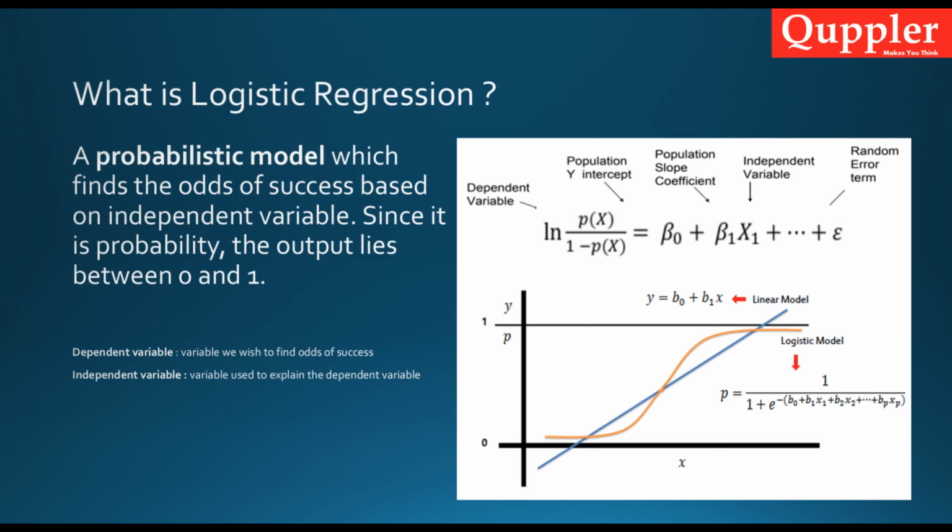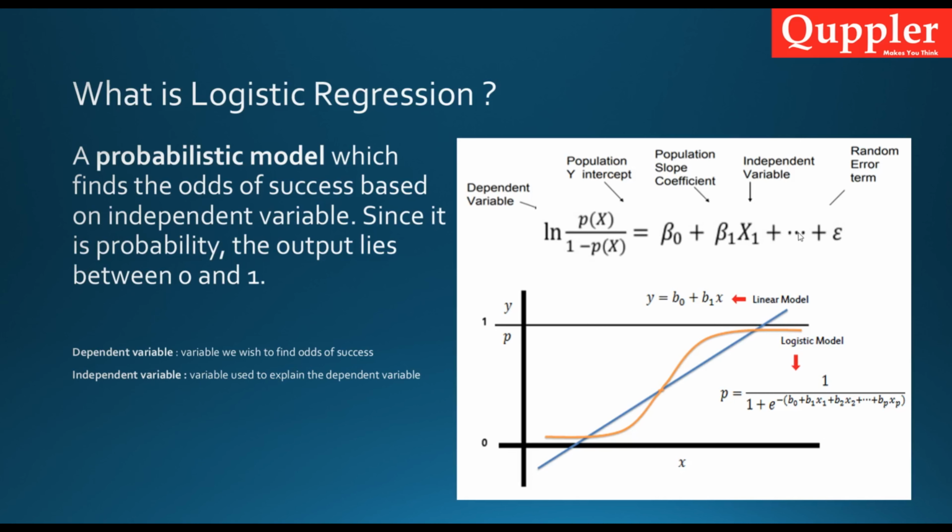We normally apply this odds of success extension of an equation to this linear model to get the equation of logistic regression. If you can see this, this is an extension of the odds of success, where this is the equation of a straight line: beta naught plus beta 1 x1 plus up to beta n xn.